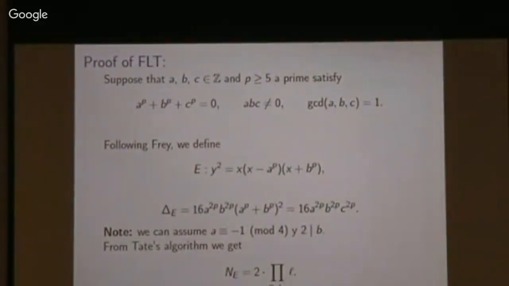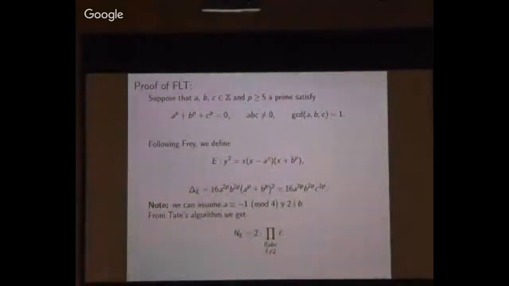Okay, so we want to determine the conductor of this Frey curve. I told you that there is an algorithm, Tate's algorithm, that does that. Before we apply Tate's algorithm, we note that from the shape of the equation, we can also assume that A is congruent to -1 modulo 4 and that B is even.